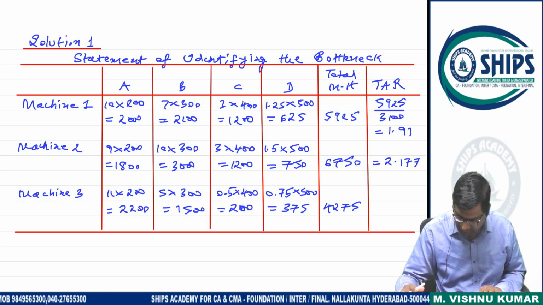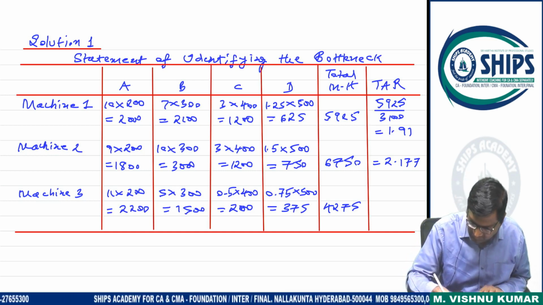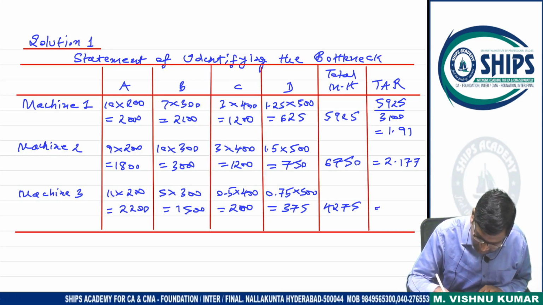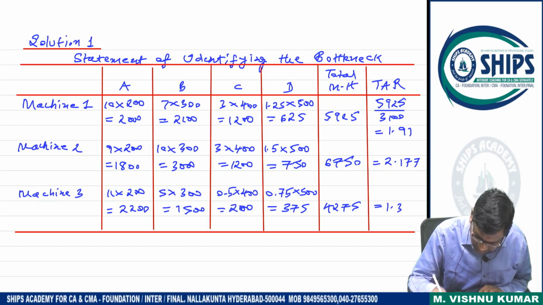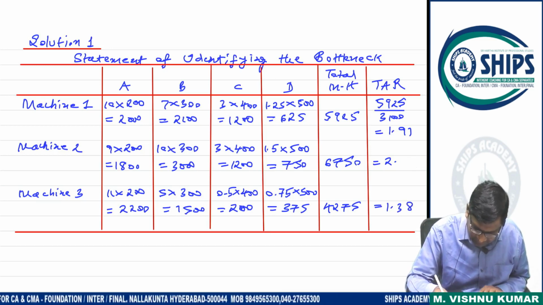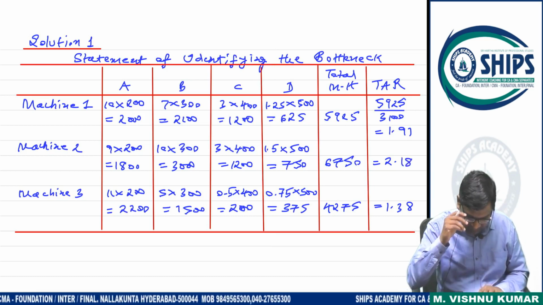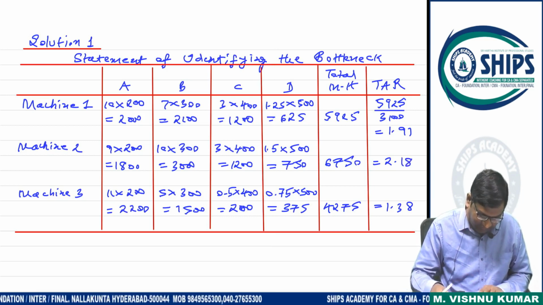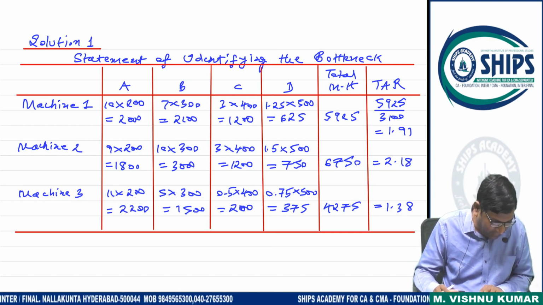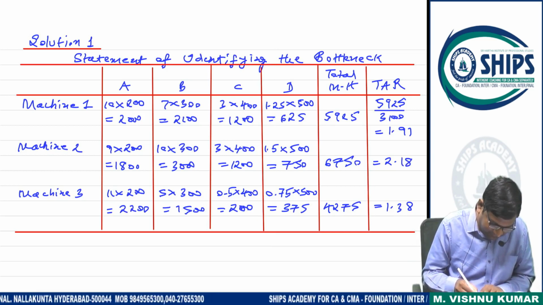Next 4275 divided by 3100 is 1.379, so 1.38. So in this, the main bottleneck is machine 2. Main bottleneck is what? Machine 2.